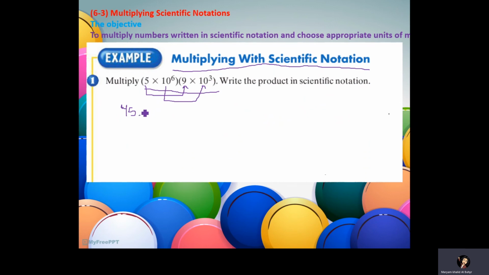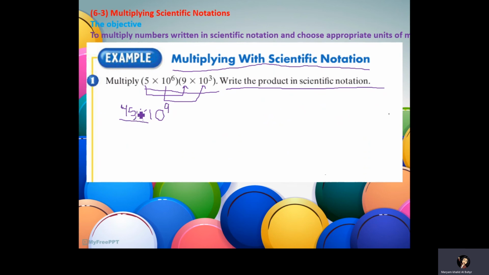They are the same base, just add their powers. So that is 10 to the power 6 plus 3, so 6 plus 3 is 9. So that's what I need from this part. That's the basic concept.